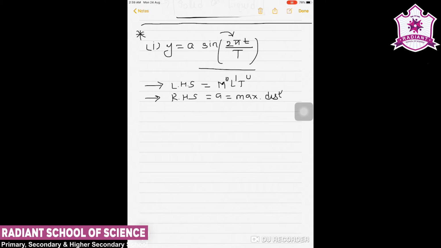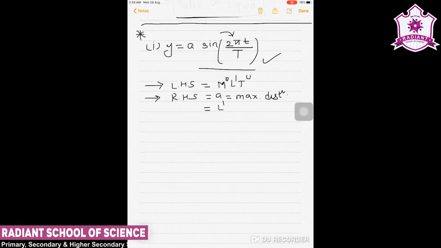So it has dimension of L1, but here we have to check whether this bracket has any dimension or not. If it is dimensionless, then the equation is true, but if some dimension is found inside this bracket, that is in terms of theta, which is not possible, then we say that this equation is wrong.